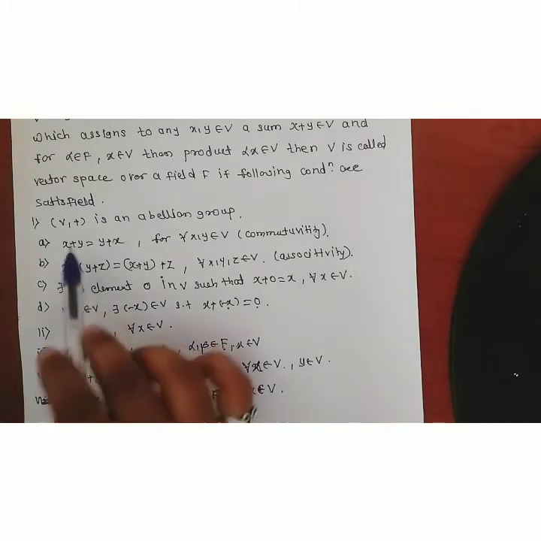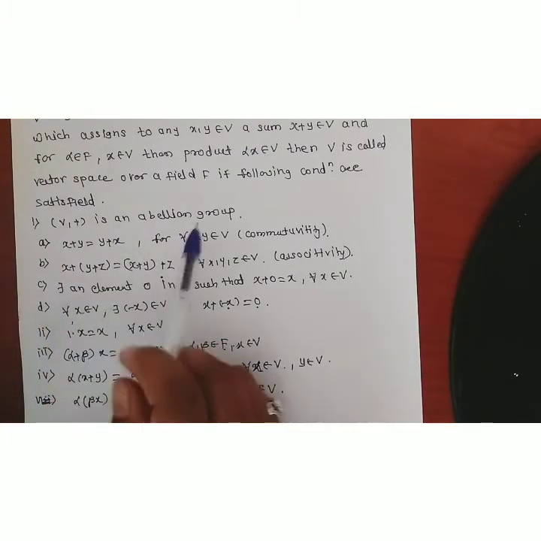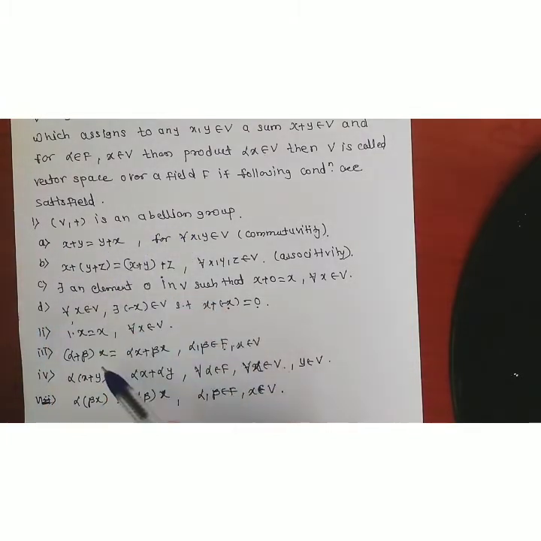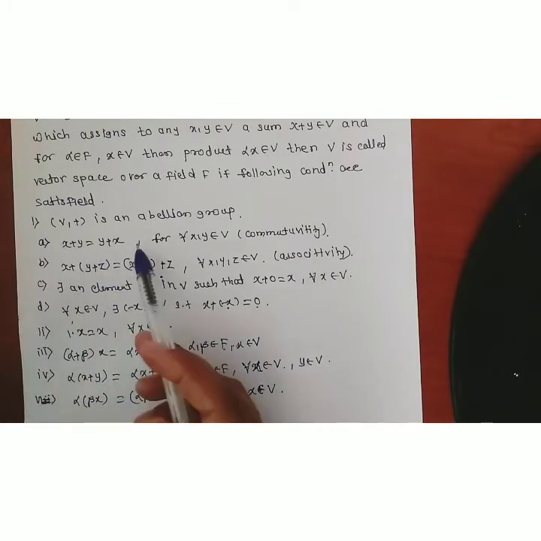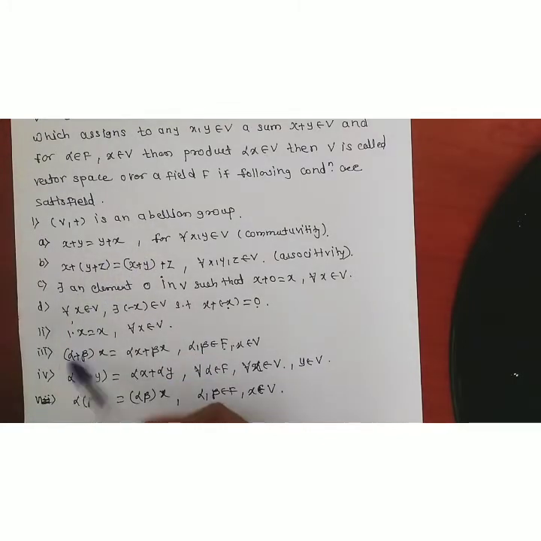The first property under addition: V plus is an abelian group. We know the properties of an abelian group. These four properties we have to satisfy. Which are these properties? x plus y is equal to y plus x, then the associativity property, existence of identity and existence of inverse.